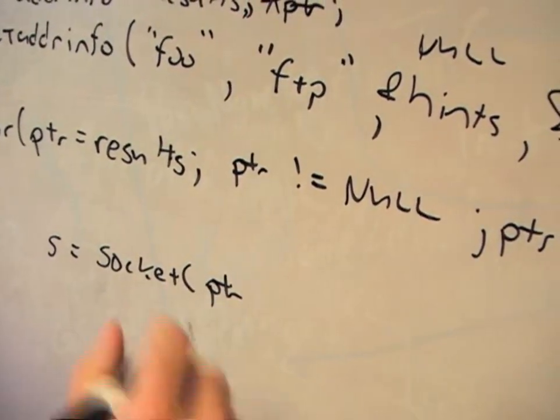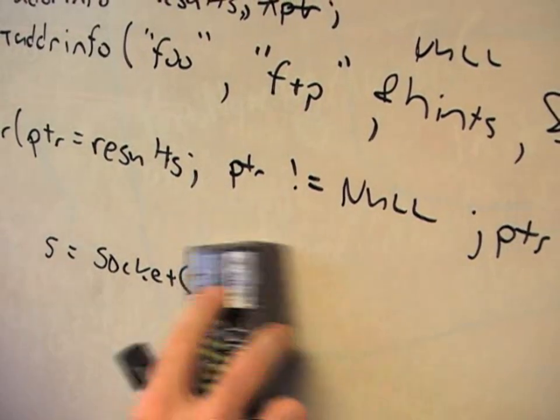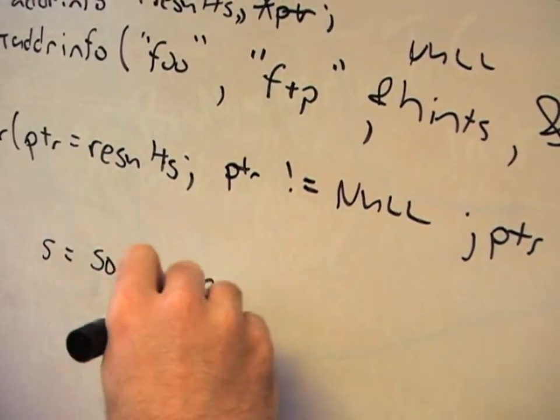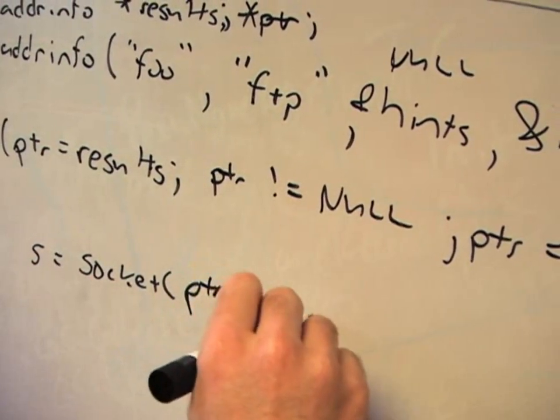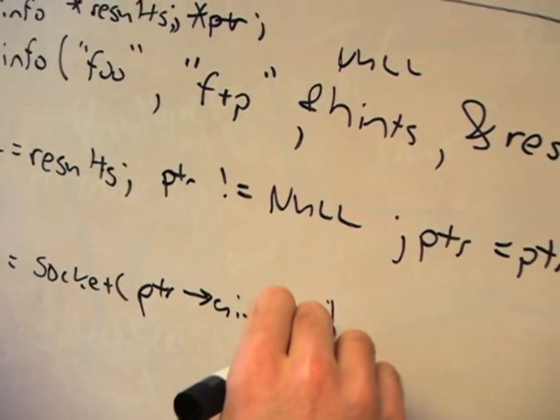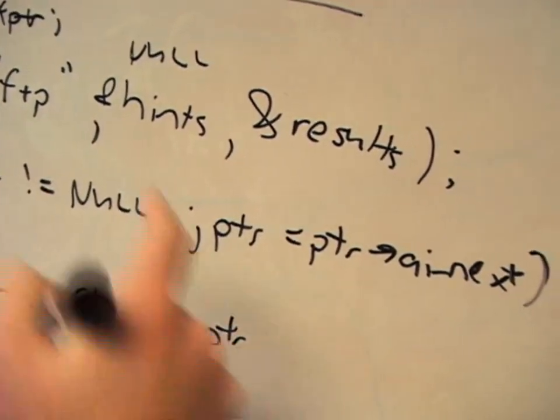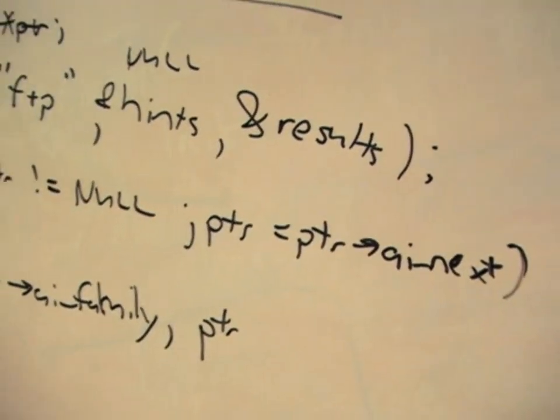Yeah, ai_family. It'll tell you the family. You can also, in the hints, specify whether or not this is a stream or a datagram socket, which plays an important part in the looking up of the service here, because some services have different port numbers depending on whether it's TCP or UDP.